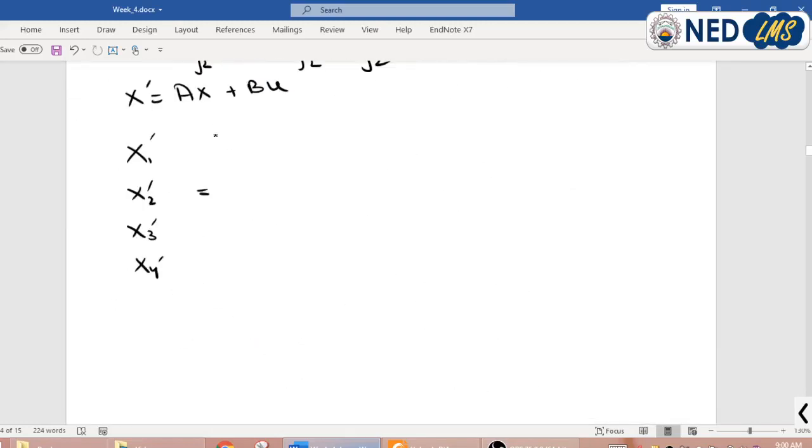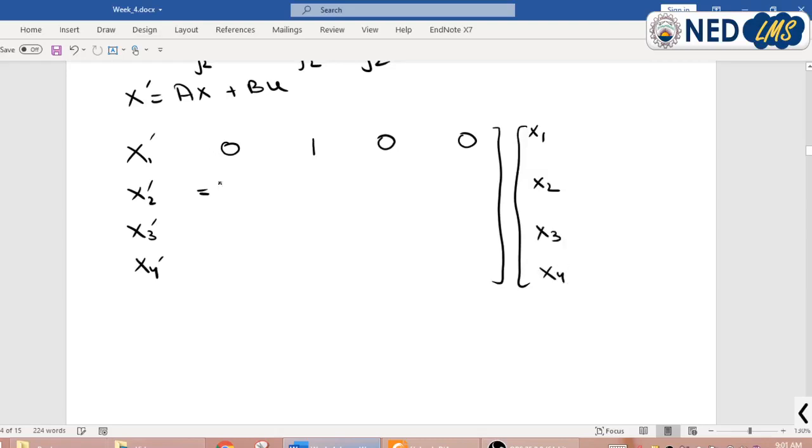So x1 dash didn't depend on x1; x1 dash depends on x2 only.